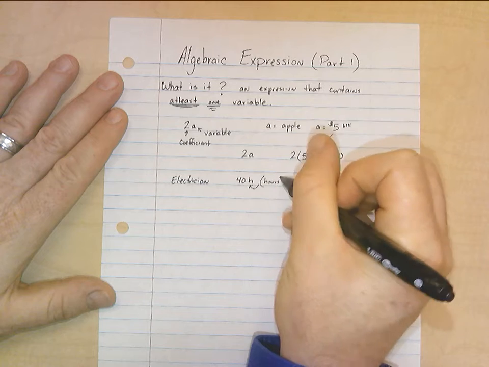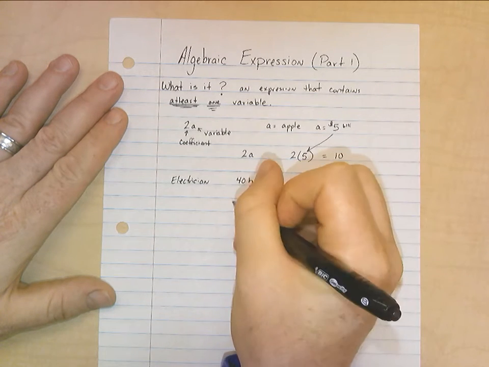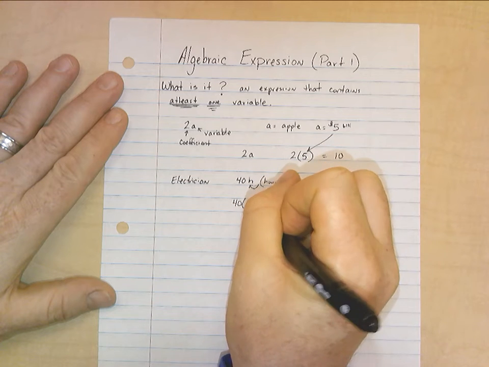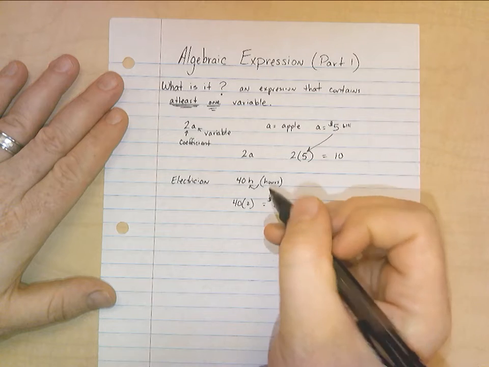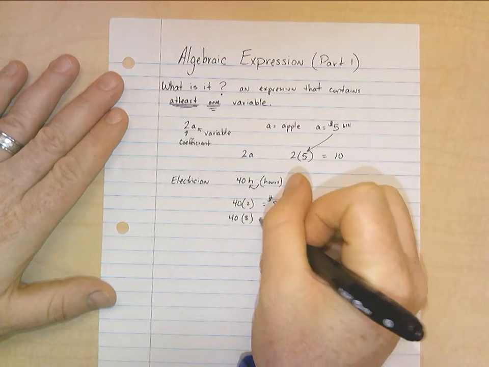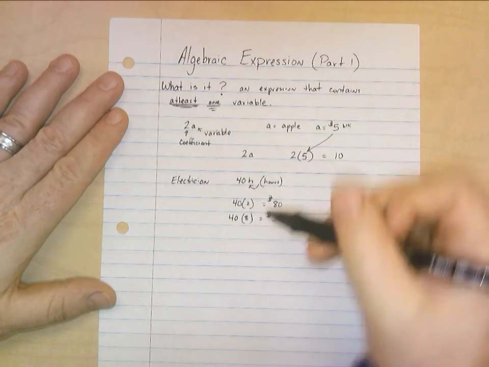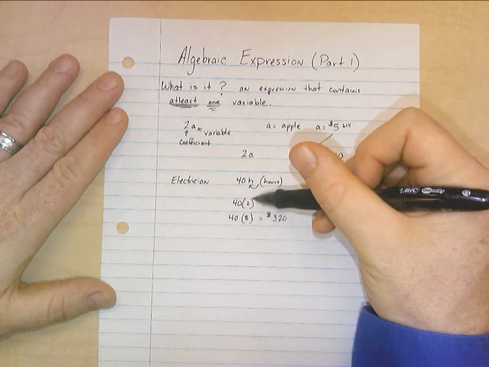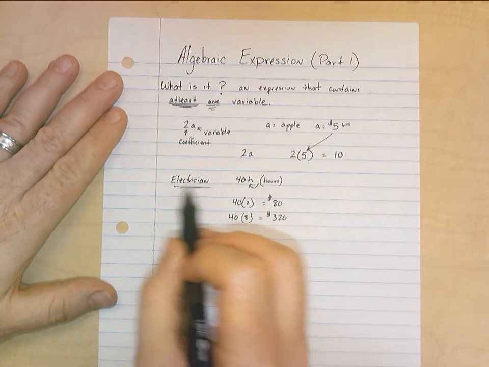If he worked 2 hours, it would be 40 times 2, which is $80. If he worked 8 hours, it would be 40 times 8, equaling $320. So the H is interchangeable. You can plug anything in for H, depending on how many hours that electrician might have worked for you.